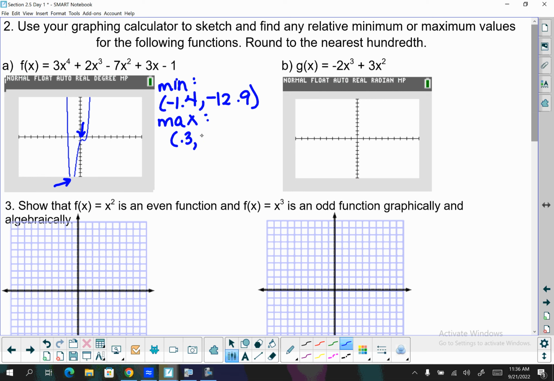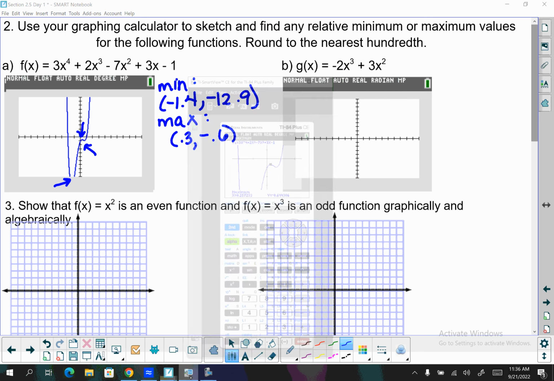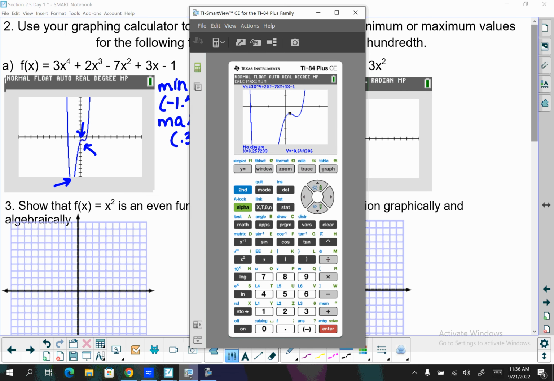All right. The only other thing we didn't do is there's a little minimum at the bottom, but I already zoomed in on that, so I saved myself a little bit of work. Let's just do it again. Second, calculate. Minimum this time, number 3. I want to figure out what's at the bottom of that valley. I'm already on the left side of it. Just hit enter. Scroll to the right side of it.